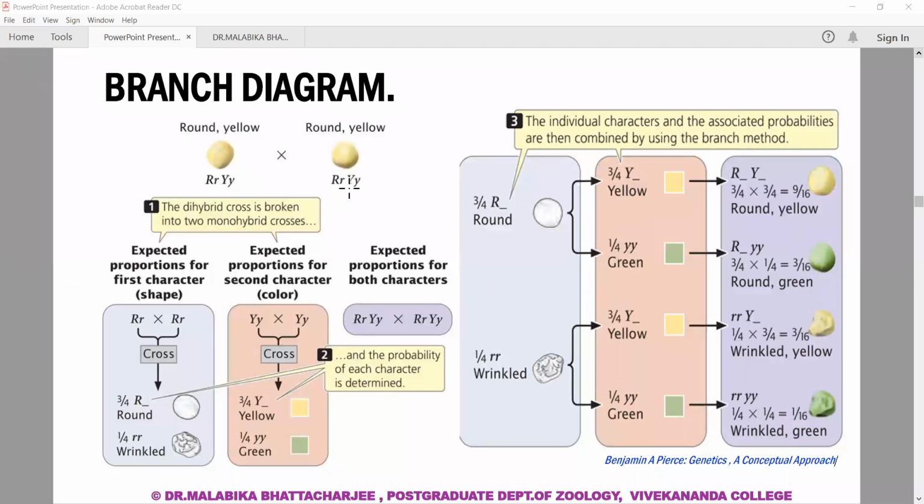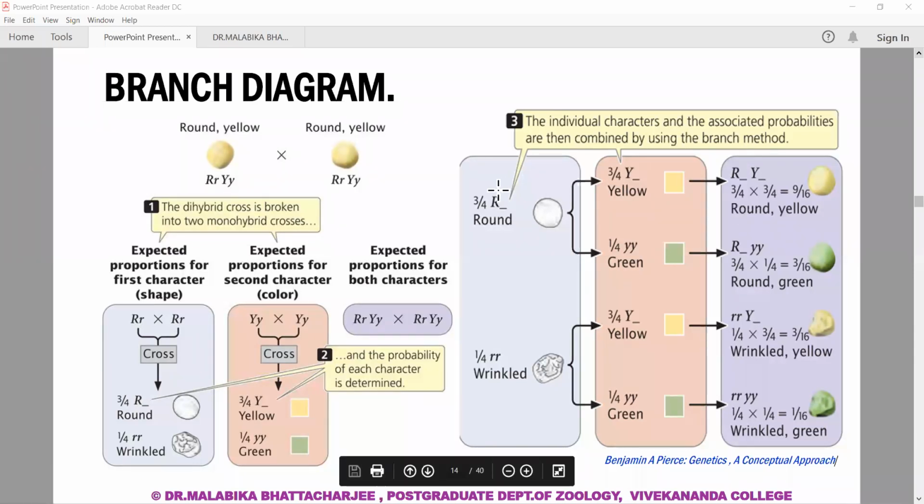So this is a heterozygous yellow seed crossed with another heterozygous yellow seed, capital Y small y into capital Y small y. Now if we think of the gamete composition and then the products of the cross, again we get 3/4 yellow and 1/4 green. Now as I said, when we are considering a dihybrid cross, we multiply the individual probabilities to get the overall probability for the full cross.